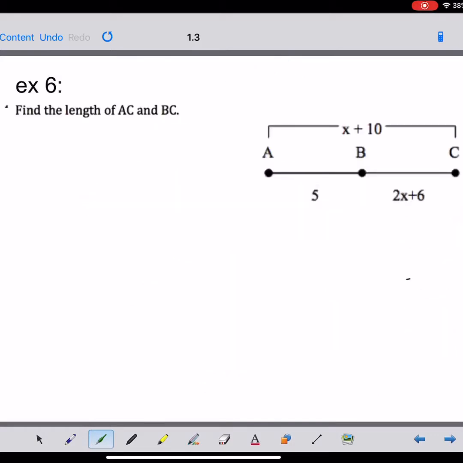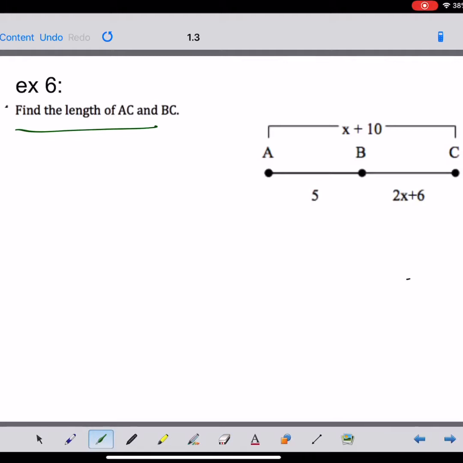The last thing I want you to be wary of: if there are no tick marks, you are not allowed to assume that they are of equal lengths. So if they don't tell you that B is a midpoint, if they don't show you that B is a midpoint through congruency, then you are not allowed to set the 2 parts equal to each other.